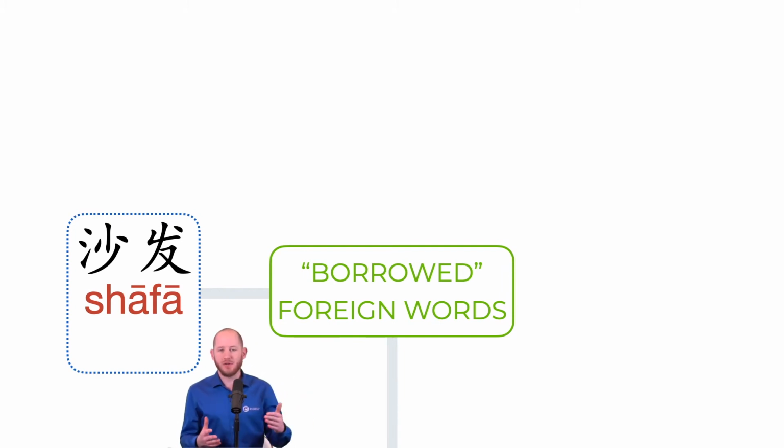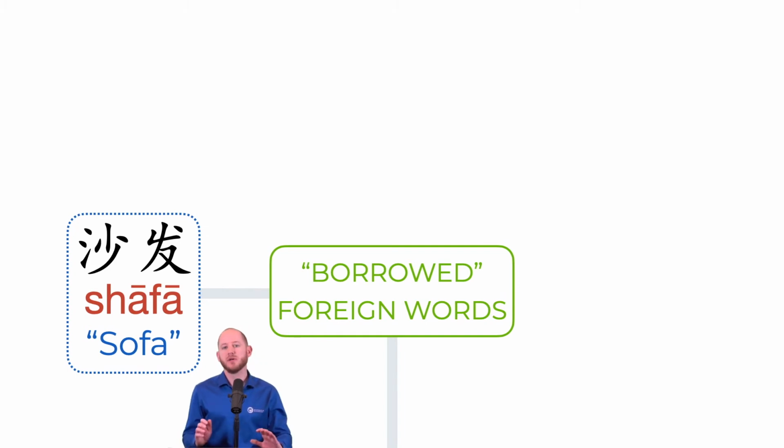Now, before I reveal what this is, and you can think about it, it's pretty obvious, it does not mean sand, send out, because that's what the first character, sha, means, sand, or like, gritty material. And then fa means to send out. Well, that has nothing to do with the meaning of sofa. It's just mimicking the foreign word, shafa.